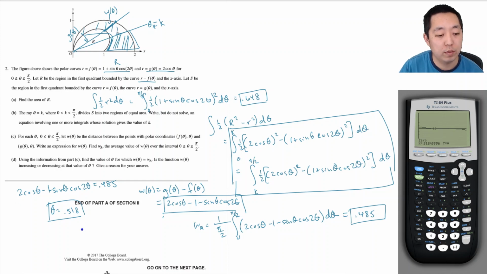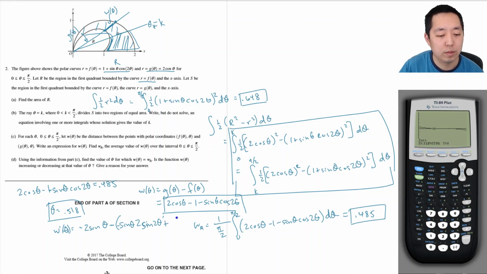The derivative of all of this is negative 2 sine theta. So W prime of theta is equal to negative 2 sine theta. The derivative of 1 is 0. The derivative of sine times cosine, so I'm going to subtract, and then I do product rule. Sine theta times the derivative of cosine 2 theta, that's negative 2 sine 2 theta. There's a negative sign in front.